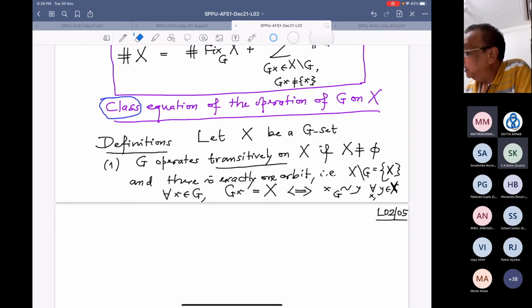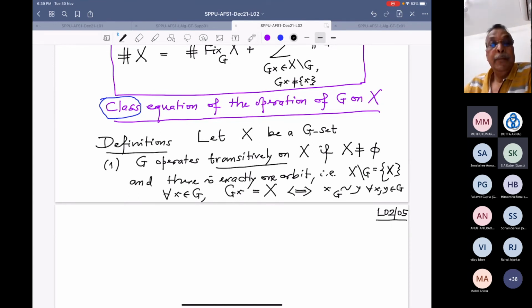So let me write it a little bit so that for every x, y in X. So that is the whole equivalence relation. That is transitive. We will see examples soon. Let me first finish the list of definitions.